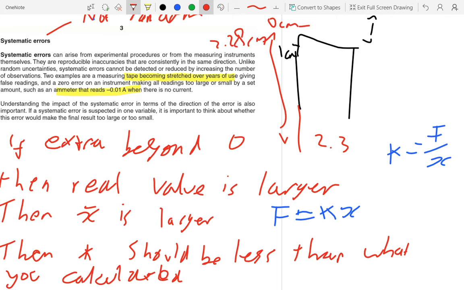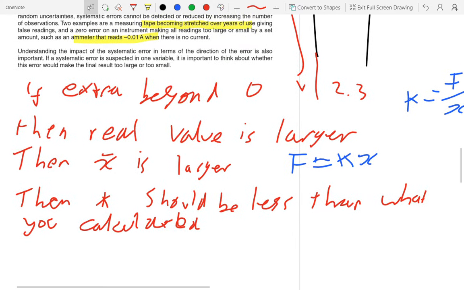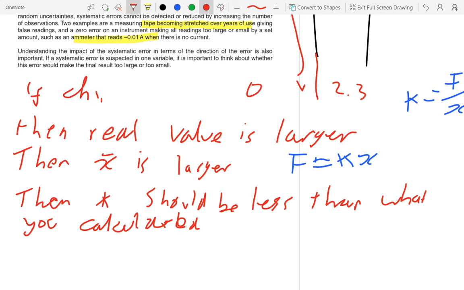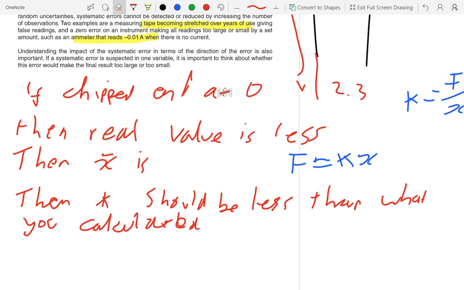So then it all flips around the other way. So if the end is chipped at 0, then the real value is less. If I write it in blue, then the mean of x is less. Then k should be larger. Change this to blue.